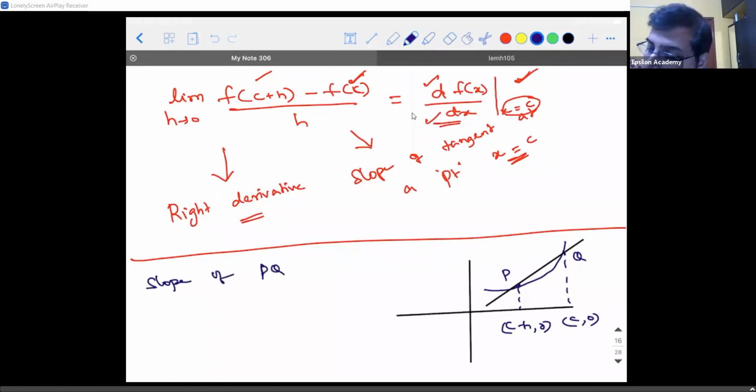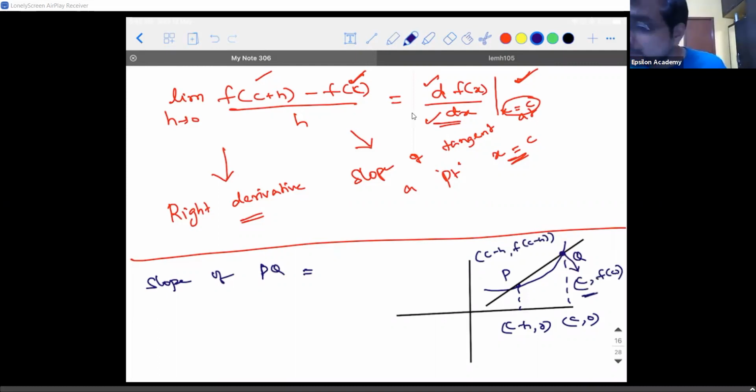Even before I write the points, you tell me. What are the coordinates of point P? C minus H comma f of C minus H. What are the coordinates of point Q? They are C comma f of C.